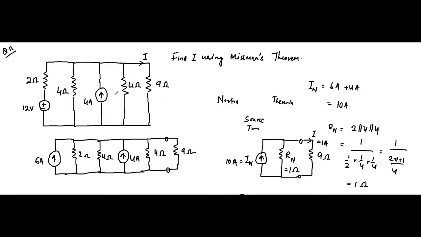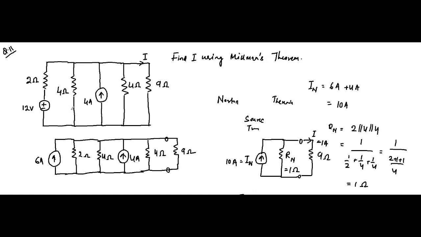For that, in the same circuit, we have to convert this 4 ampere 4 ohm combination, a current source and resistance combination, to a voltage source connected in series. That will be simply the product of this current and resistance, 16 volt and 4 ohm connected in series.